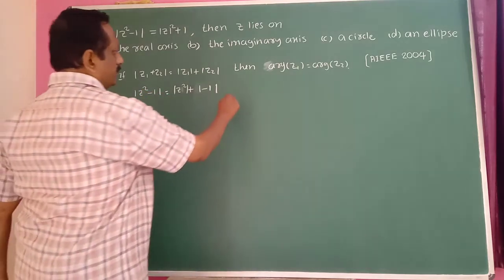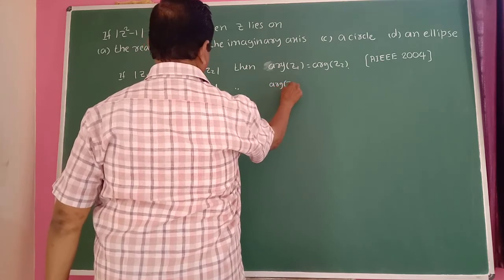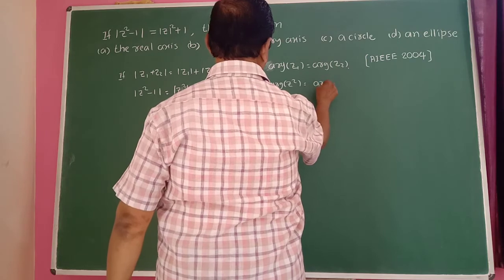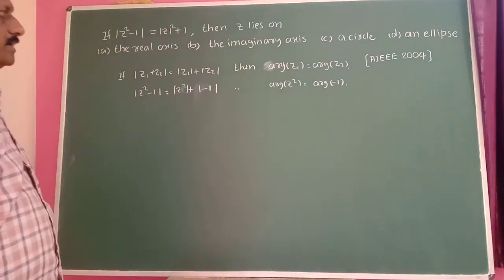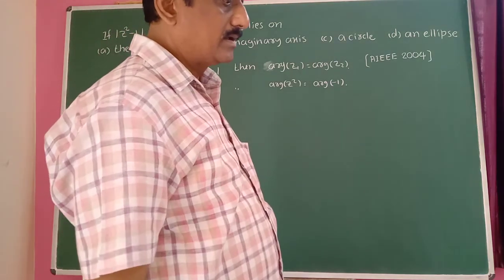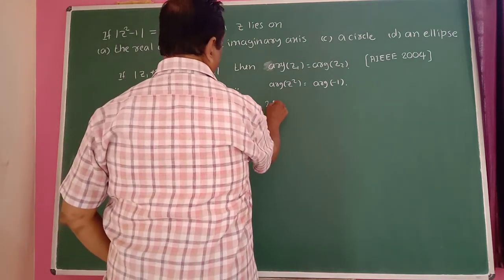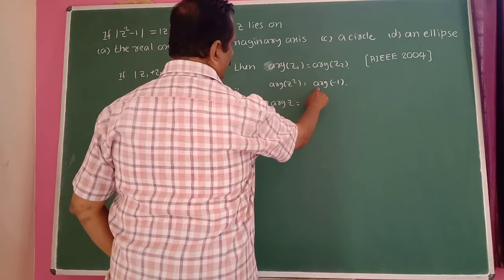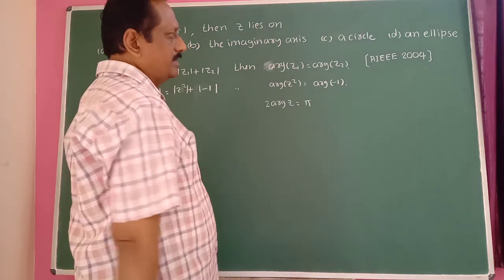Therefore, argument of z square is equal to argument of minus 1. Then argument of z square can be written as 2 into argument of z.